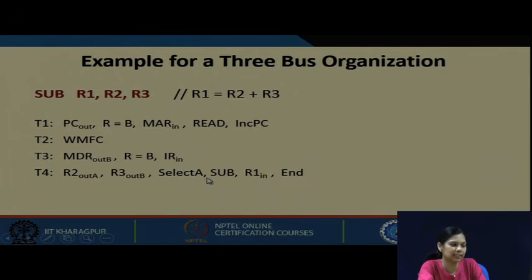We need to select A because the A bus is connected to a mux. Then we provide the operation that needs to be performed, that is sub, and then at the same time we do R1 in. Two different reads and one write are performed in one particular step, and finally end.